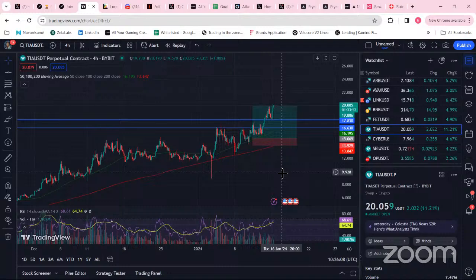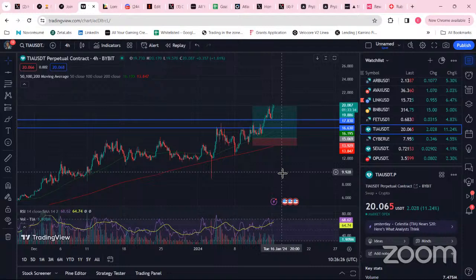If you bought it and you staked it, you're getting rewards in terms of airdrops, and your TIA is also increasing. If you bought 5 TIA, it would now be worth almost double of what you bought, right? So that's a win-win situation.